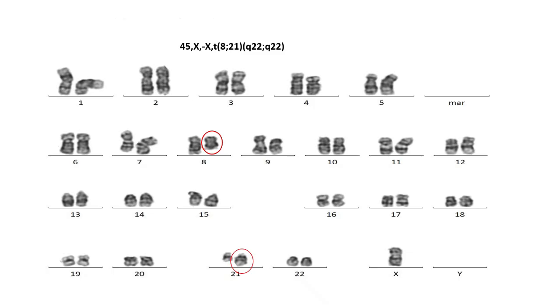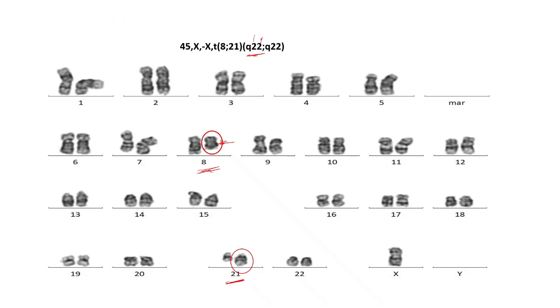So this is an example of a metaphase showing translocation 8;21. So this is chromosome 8 and this is chromosome 21. At chromosome 8 the gene location is q22, so it will be here only at the q arm, and the position will be q22, 2 is the region and 2 is the band position.